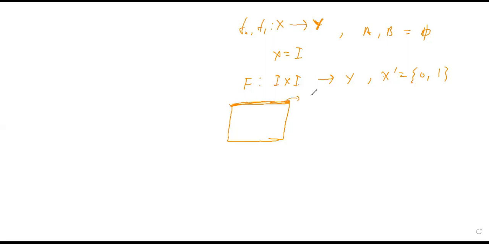So this is basically I cross 1, and this is your I cross 0.